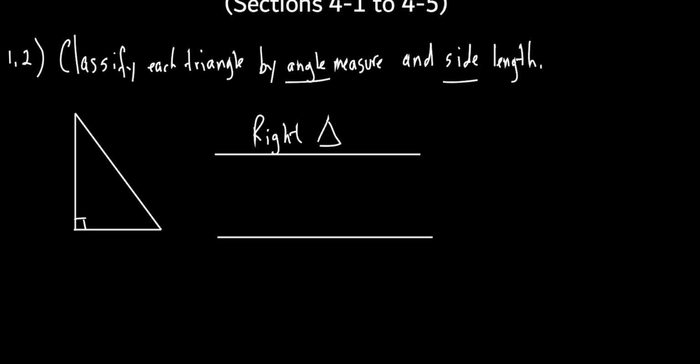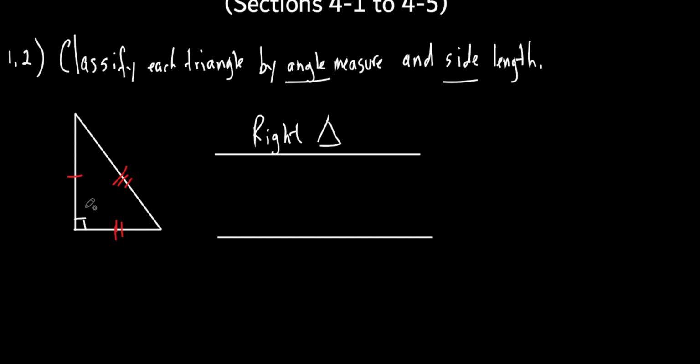What if I also told you, let's put this in another color, that this one has 1 tick mark, this one has 2 tick marks, and this one has 3 tick marks. So what do I know about the lengths? They're all different. That's what I was hoping you would say. So none of the sides are equal to each other.